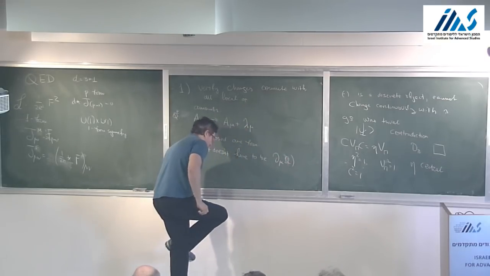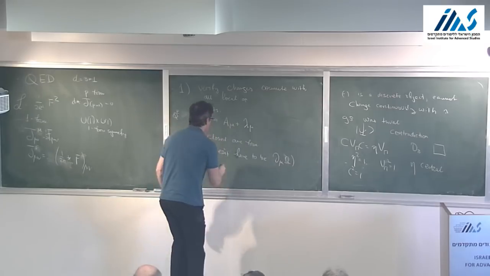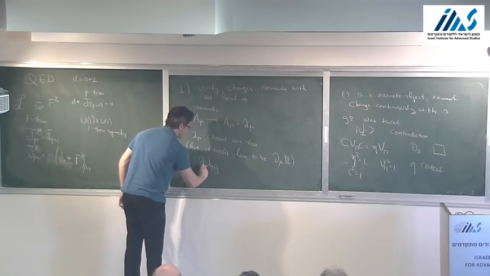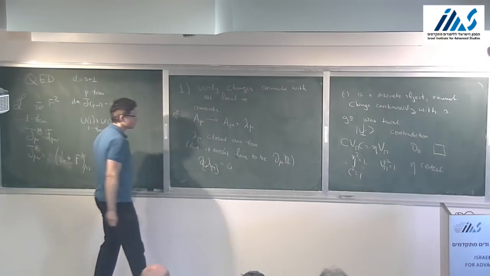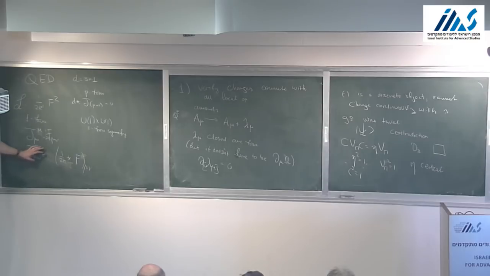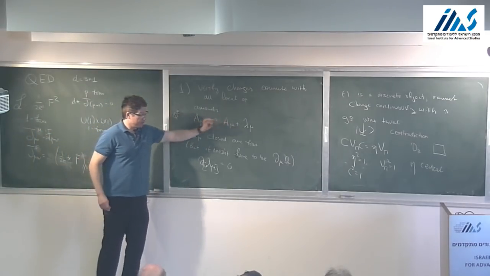So lambda mu obeys d of lambda, anti-symmetrized, d nu lambda mu equals 0. That's how the electric symmetry acts, and it's an exercise for you to show that by just commuting the charge or the current with the gauge field.